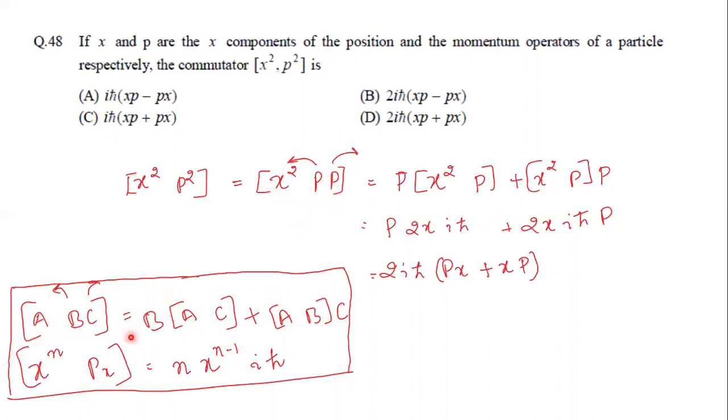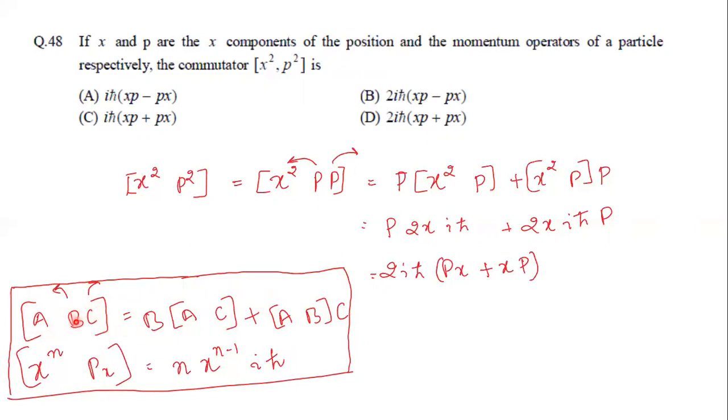Now, if A, B, C are operators, then the value of the commutator of the type [A, BC] is written as B times the commutator [A, C] plus the commutator [A, B] times C. If you have the commutator of the operator A with the product of two operators, it is written like this.